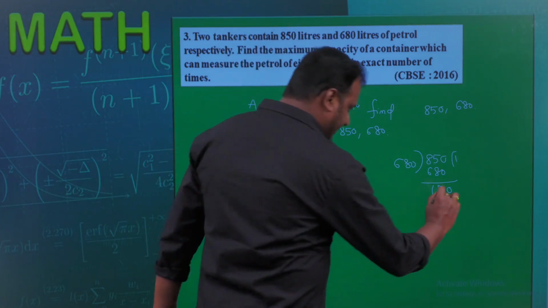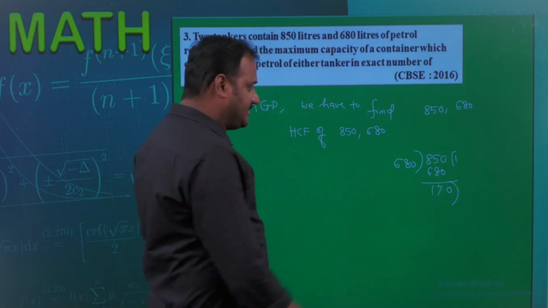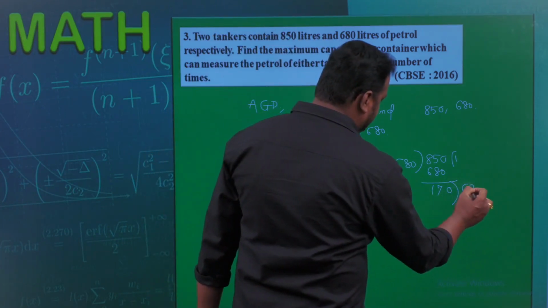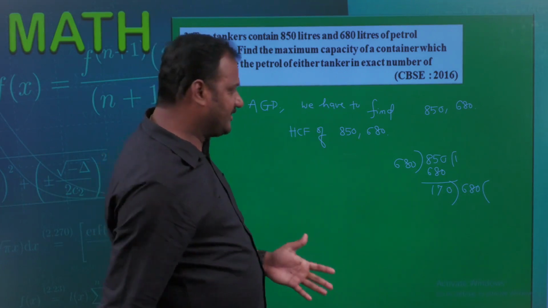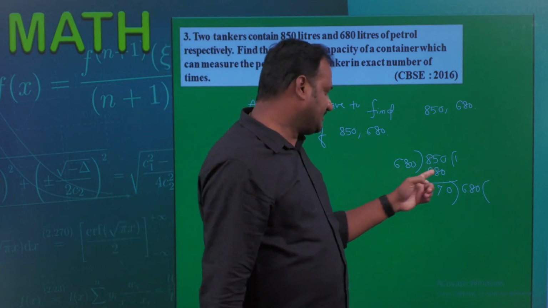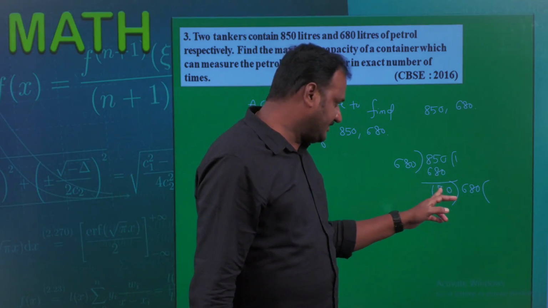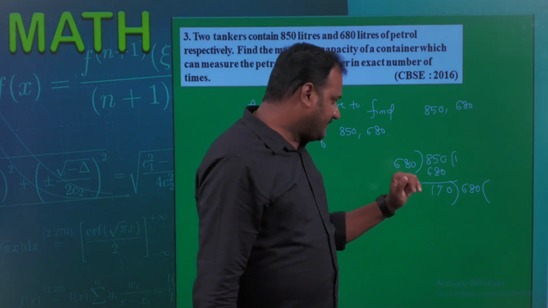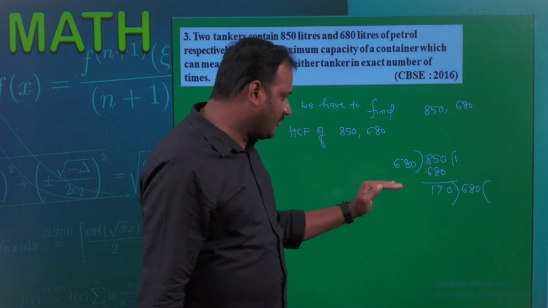So 170. Again 170 will be the divisor, and the previous divisor will be the dividend. So 680. Now how many times? Let us check our calculations all the time. 680 ones are 680. 0 minus 0 equal to 0. 15 minus 8 equal to 7. Then 7 minus 6 is equal to 1. 170, 680.